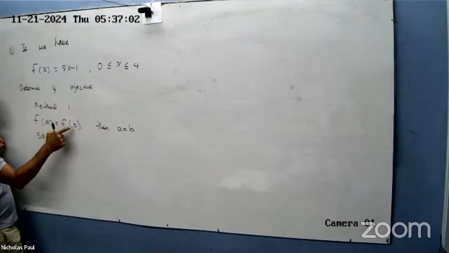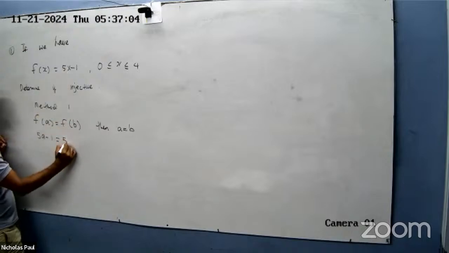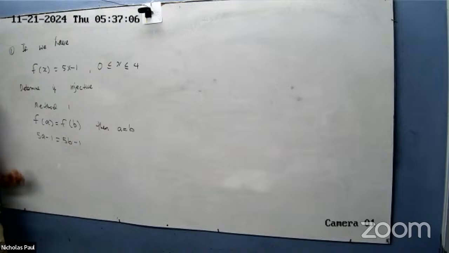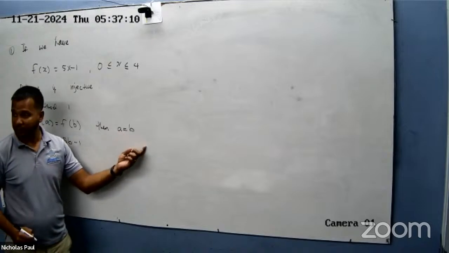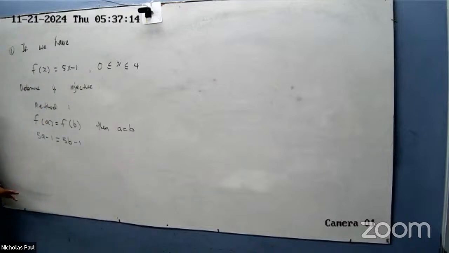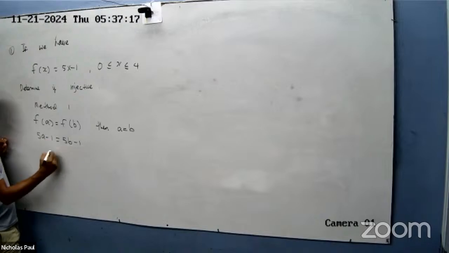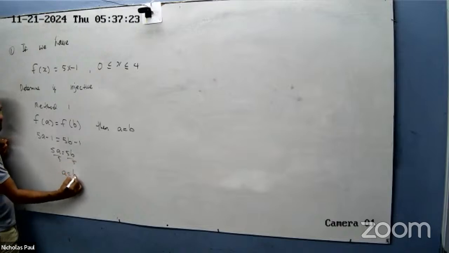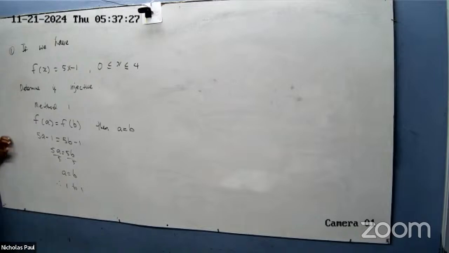If I put b in here, I will get 5b minus 1. And if I simplify this, I am supposed to get a equal to b. If I don't get a equal to b, it's not one-to-one. So let's see. Carry across the 1, it cancels. I get 5a is 5b, divide both sides by 5. I get a is equal to b, therefore one-to-one. That's method one.